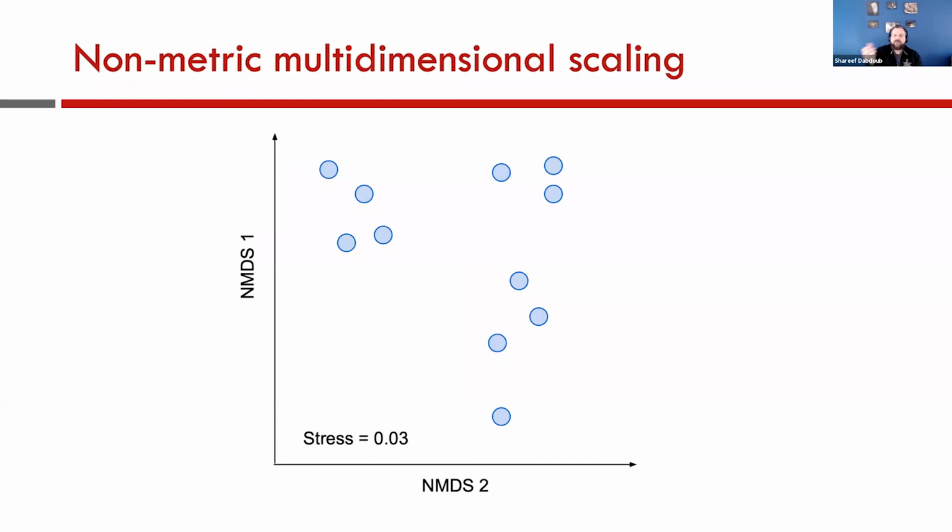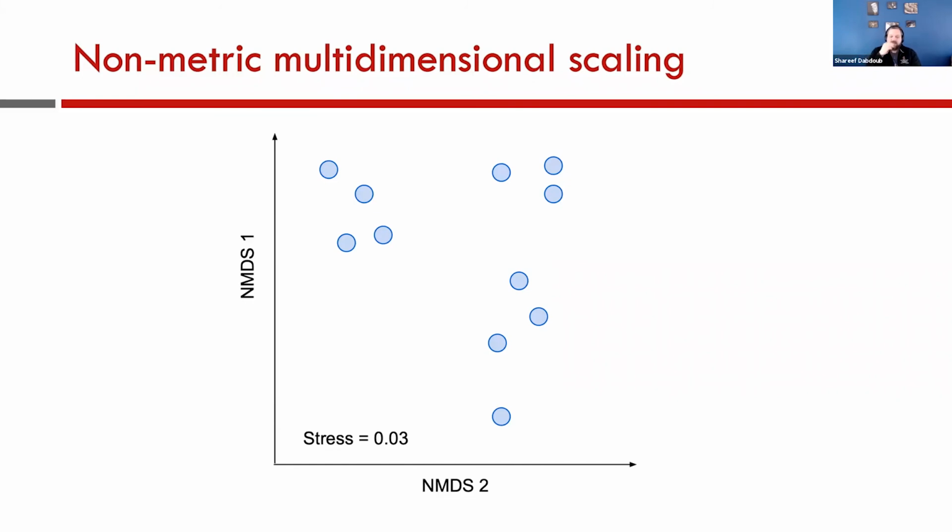MDS, multidimensional scaling. So metric multidimensional scaling is another name for PCOA, or PCOA is a version of MDS. Non-metric multidimensional scaling uses ranks instead of the original dissimilarity values. So NMDS attempts to represent as closely as possible the pairwise dissimilarity between objects in a low-dimensional space, instead of maximizing variance.